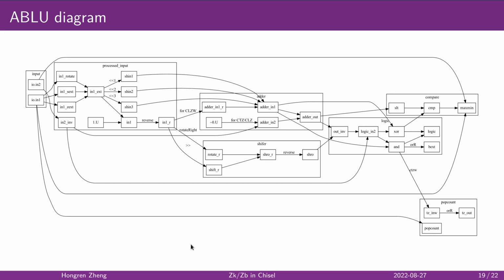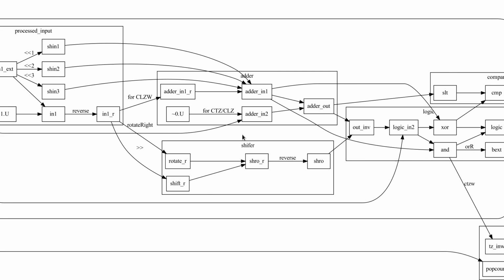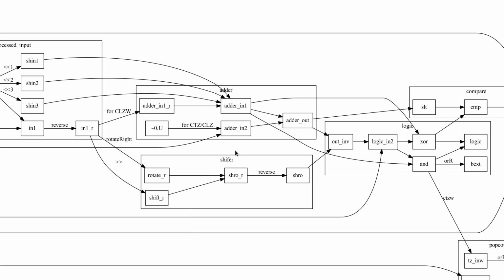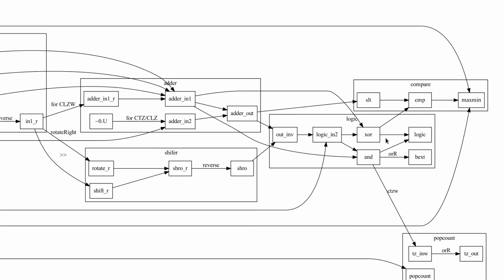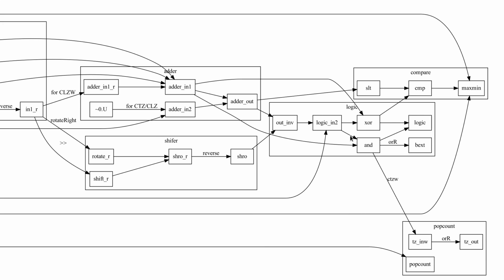Here is the ABLU diagram. Just like before, we have adder, we have shifter, we have comparison, and we have logic.